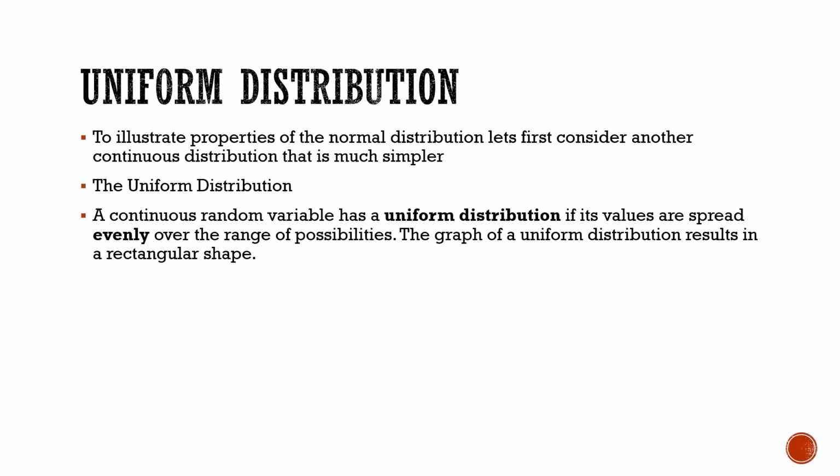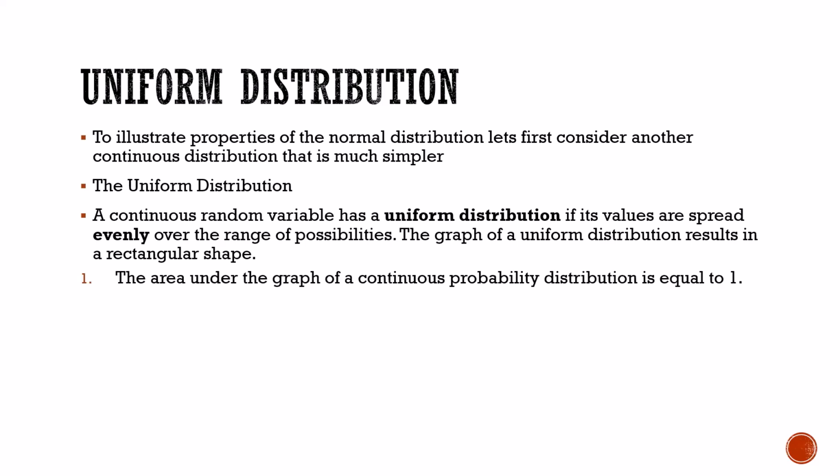People are all taller than 4 feet tall and shorter than 7 feet tall. That's almost true in the real world, right? But within that height, you're just as equally likely to be 5'8" as you are to be 6'10". That's not the case in reality, right? So a uniform distribution is something, right, that each value is as likely as any other value. So it has a rectangular shape.